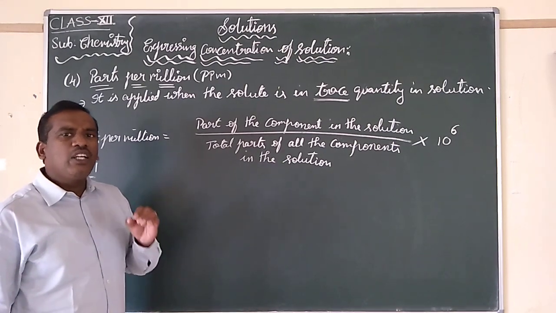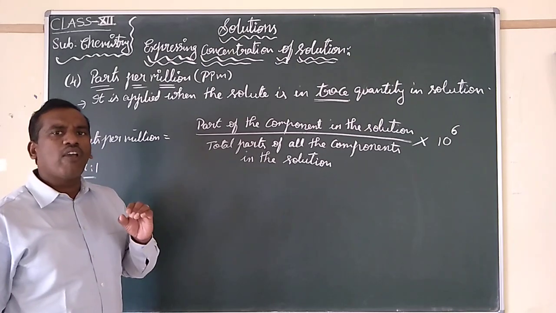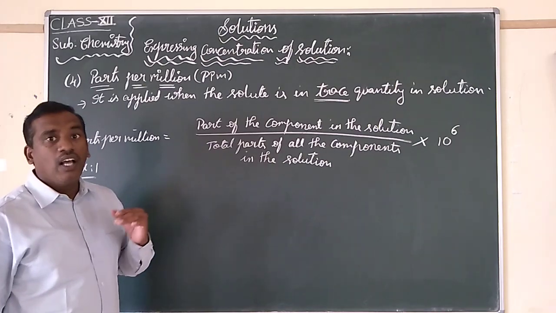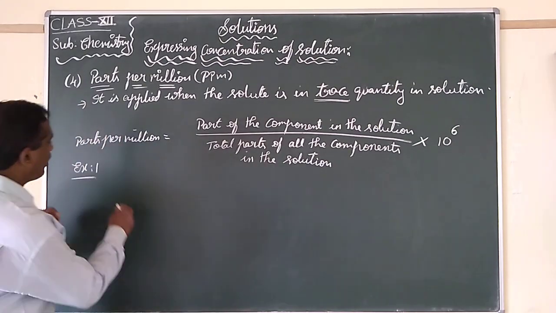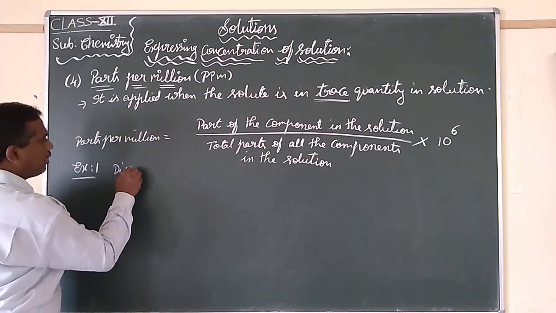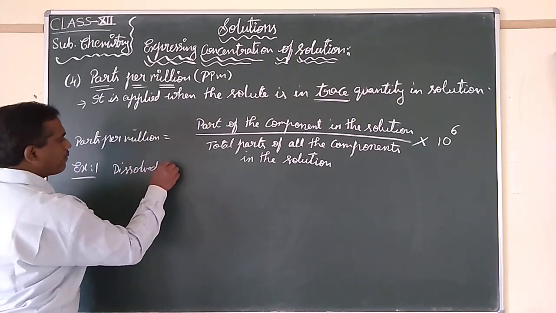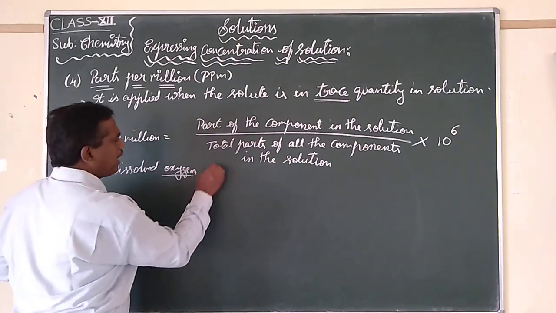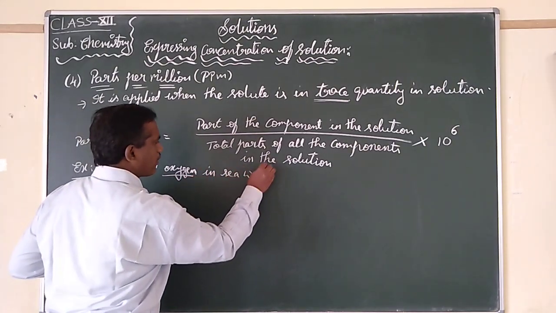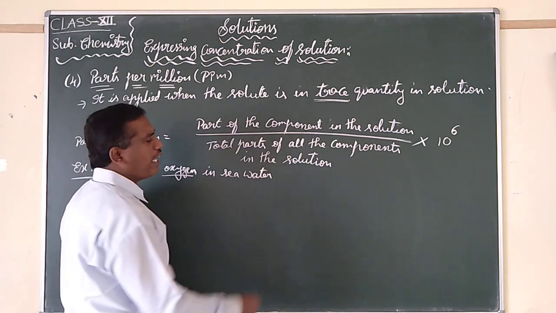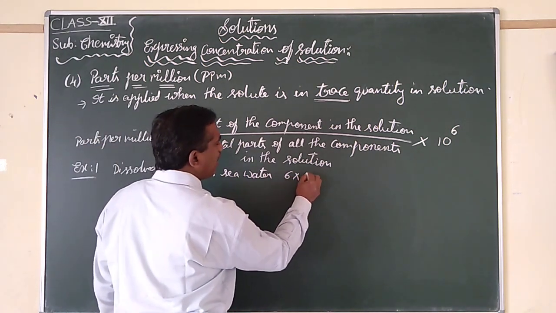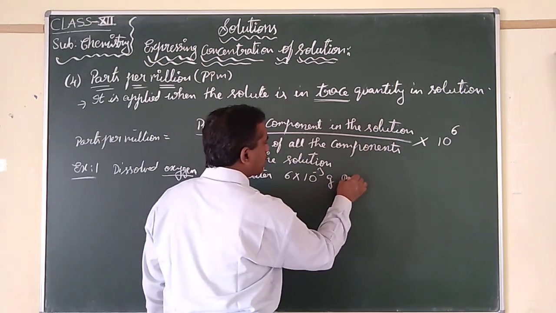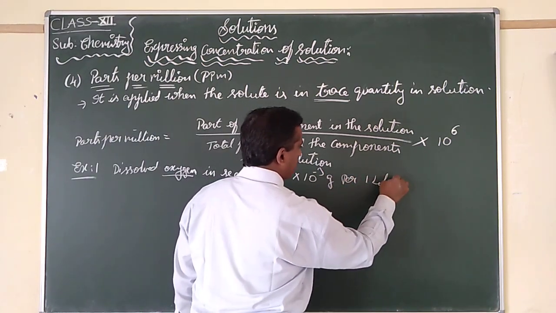Among them, there will be some amount of dissolved oxygen for the existence of aquatic animals. That dissolved oxygen, or simply oxygen in sea water, is present as 6 into 10 to the power of minus 3 grams per 1 liter.